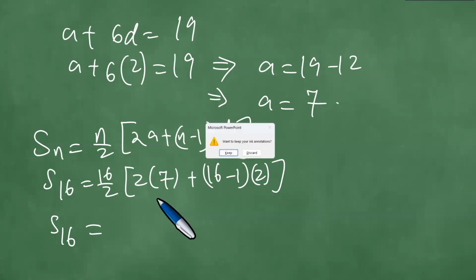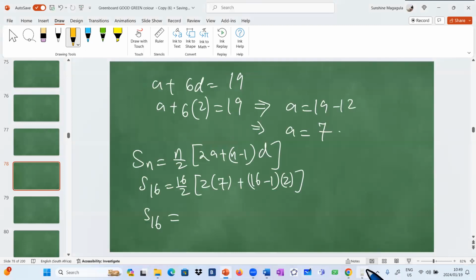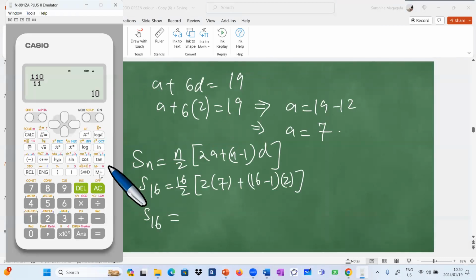Okay. Let's use a calculator. Right, so now this one here, we're going to use this button. Have 16 over 2, and then here you have 2 by 7 plus 15 by 2.